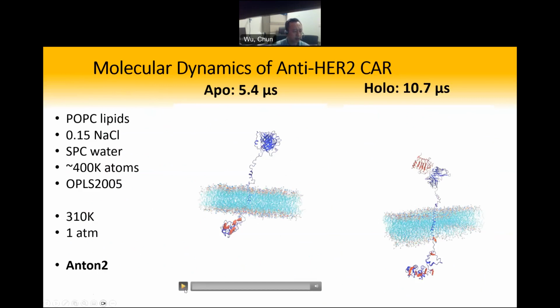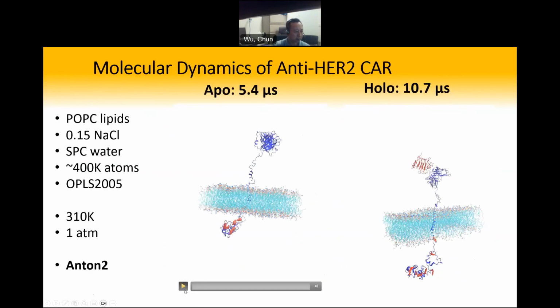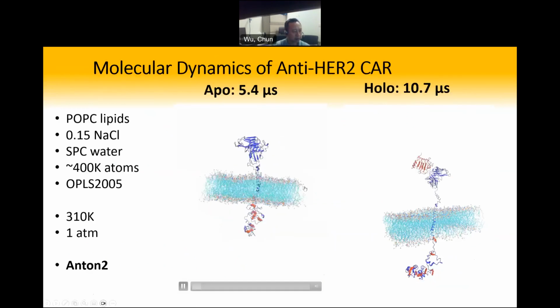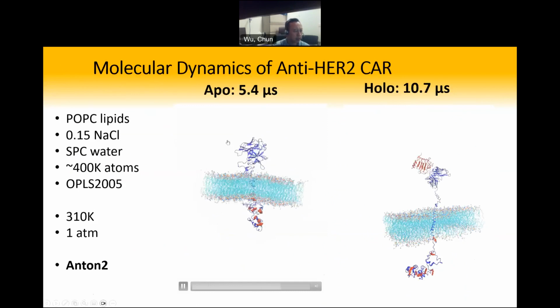Let's take a look at the apo system without antigen. You can see that the extracellular antibody domain is very flexible to search for the antigen, and this portion is much more fixed and less flexible.